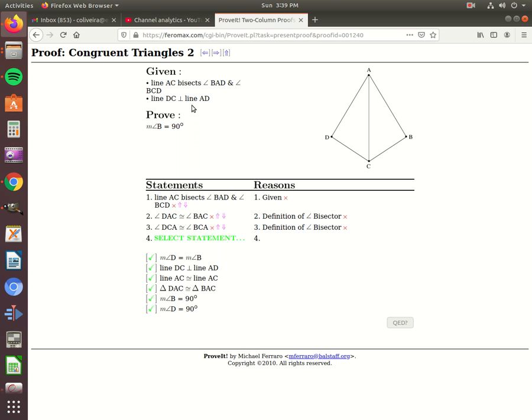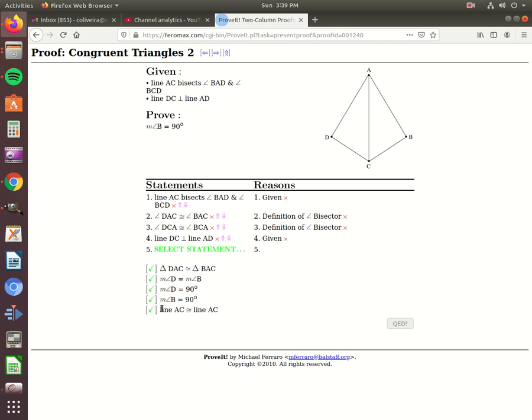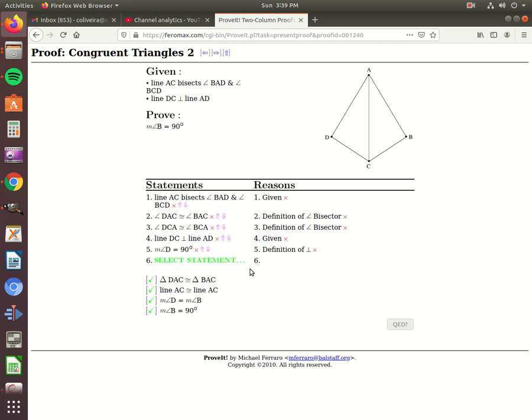DC is perpendicular to AD. And how do I know that DC is perpendicular to AD? Well, that was given. Now, who cares if DC is perpendicular to AD? Well, I think that would mean that angle D is a 90-degree angle, right? So I'm going to say angle D is 90 degrees because that's the definition of perpendicular. And you can see what's happening here.